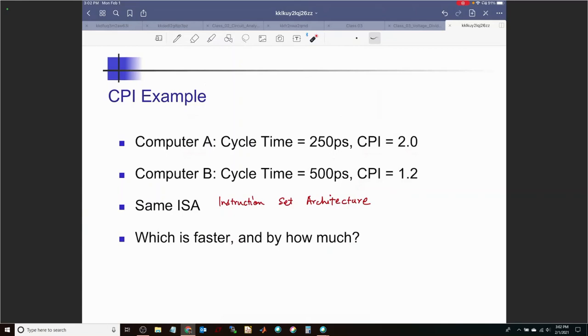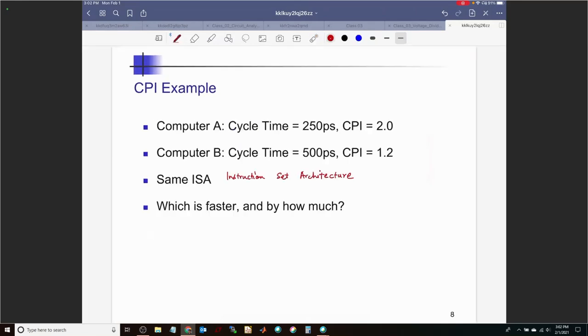Why? Because the instruction itself is simple. But if you had, say, a division operation, often used, then your clock cycles per instruction are bound to increase because division requires more clock cycles. It's a complicated instruction compared to addition. So if there is a difference in clock cycles per instruction, I also need to use that in my calculation, right? So I cannot just base it off of cycle time.